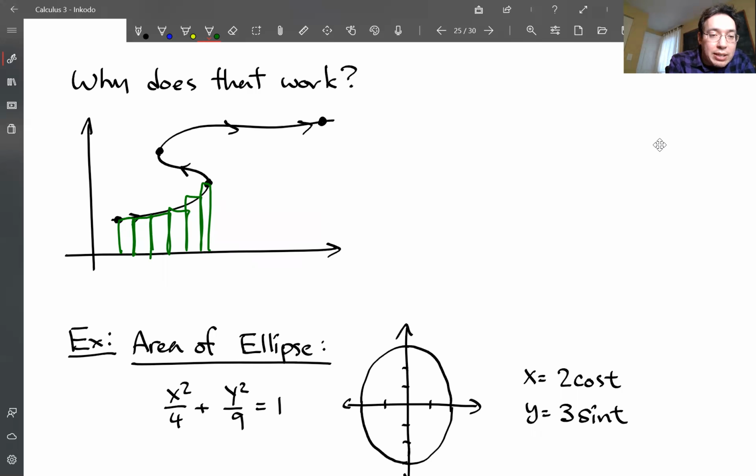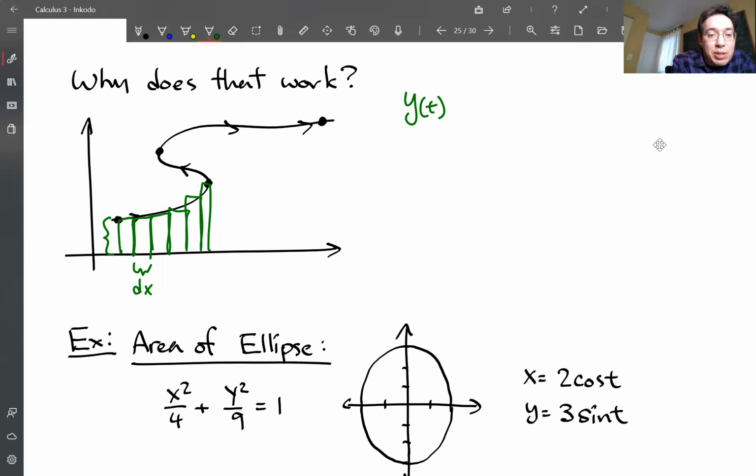So the height of the rectangle at any particular point is going to be y of t, so some function of time, the y component of it. And the width of the rectangle is how much you travel in the x direction.